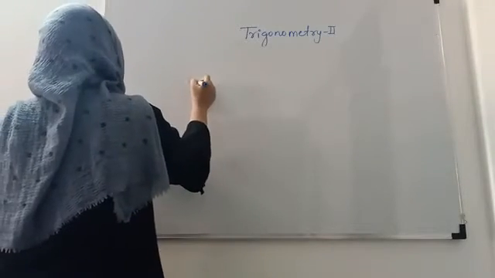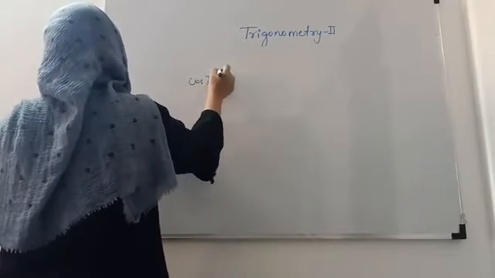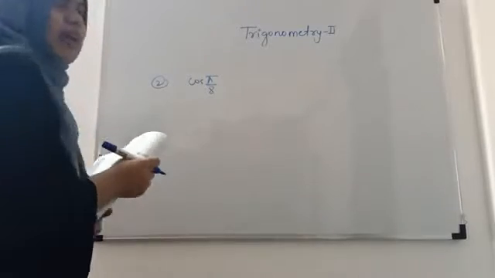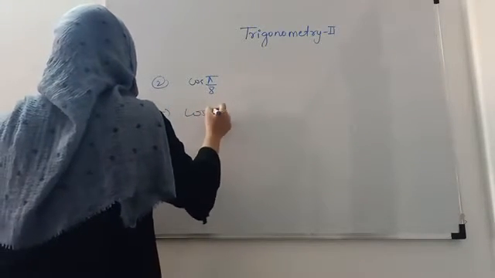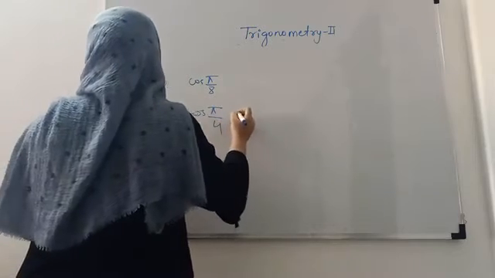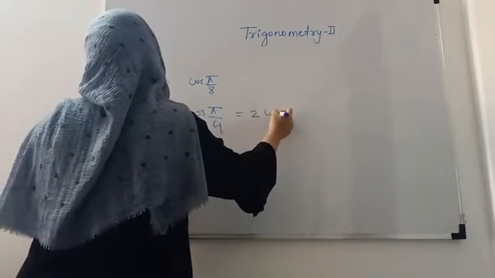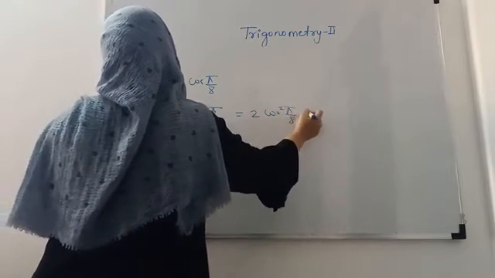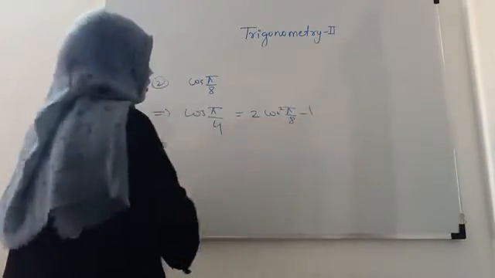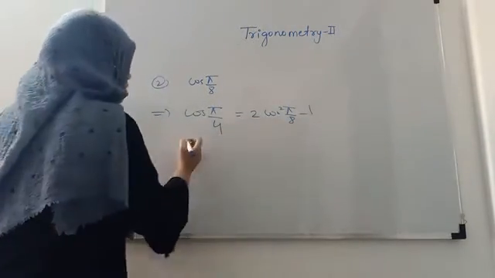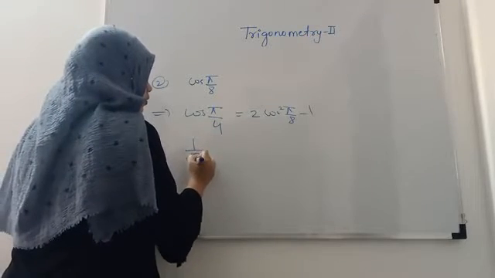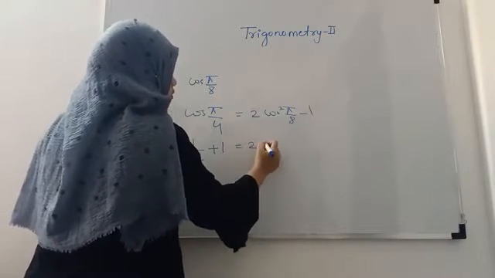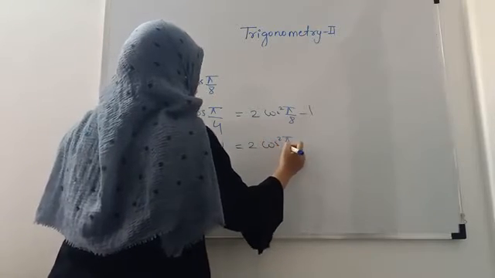Now the second one is cos pi upon 8. We have to find out the value of cos pi upon 8. So for that we'll start with cos pi upon 4, which is equal to 2 cos square pi upon 8 minus 1. Now shift this minus 1 over here. So here cos pi by 4, I am directly writing it as 1 upon root 2, plus 1 is equal to 2 cos square pi upon 8.